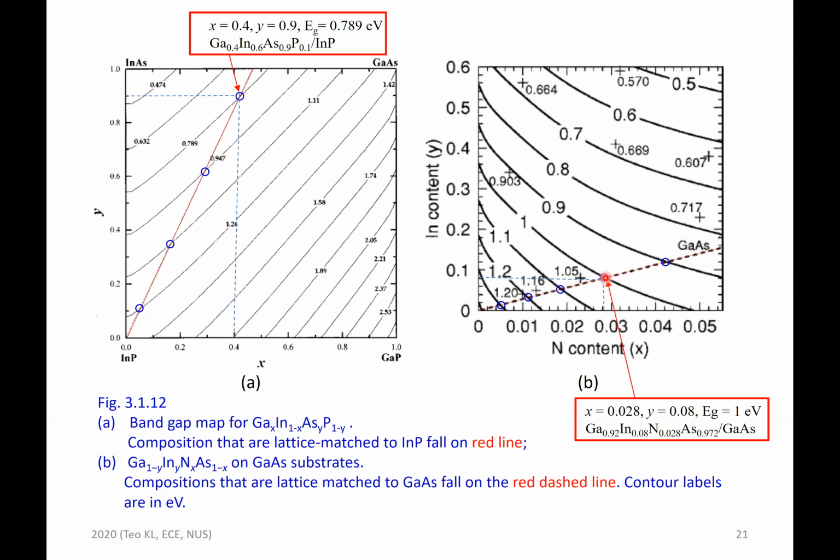So I grow gallium indium nitride arsenide of composition x 0.028 and y 0.08 with a band gap of 1 eV. This is known as the band gap mapping as a function of x and y.